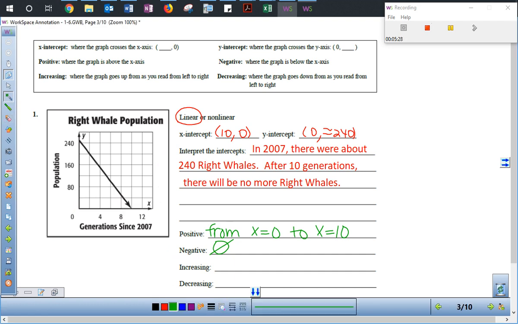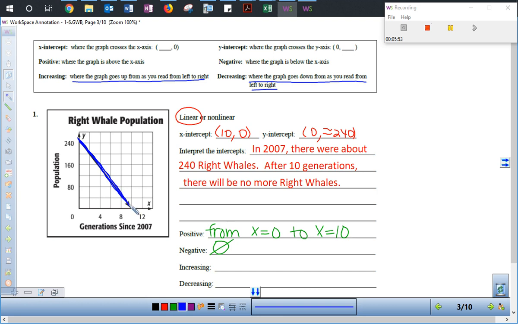Increasing and decreasing have to deal with where the graph goes up or where the graph goes down as we read from left to right. So if I'm following the graph with my pencil as I'm reading it from left to right, and if I trace the whole thing, you'll notice that the whole time my pencil is going down. That means the entire time my graph is decreasing.